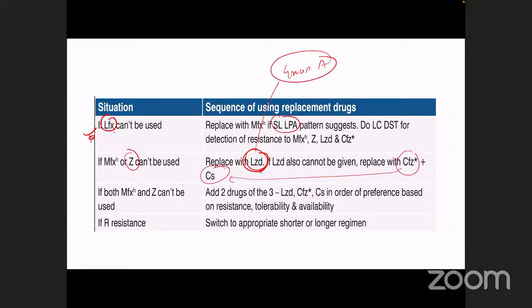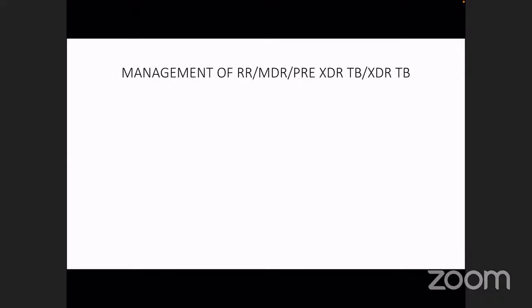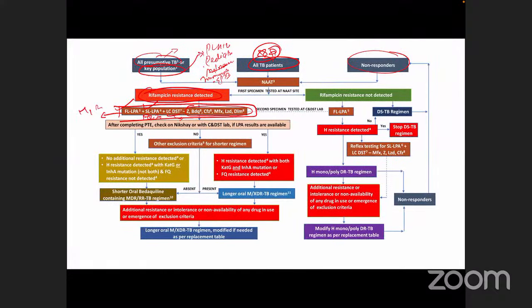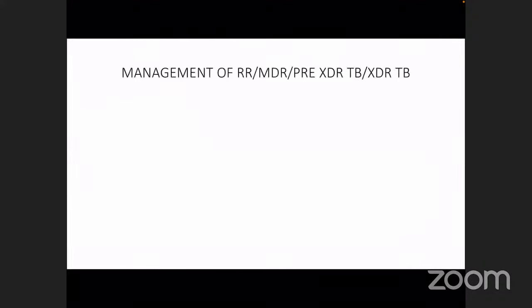Now, how do you manage rifampicin resistant TB? So this I was discussing here. If you have rifampicin resistance, then you decide if there is any additional resistance to some other drugs. Let me make it very simple, not complicated. You have a patient who is having rifampicin resistance plus INH resistance.